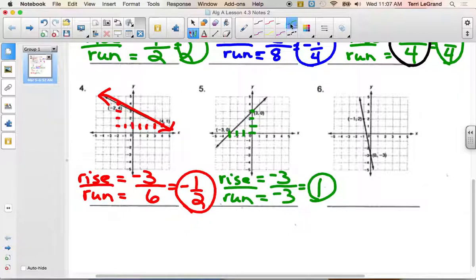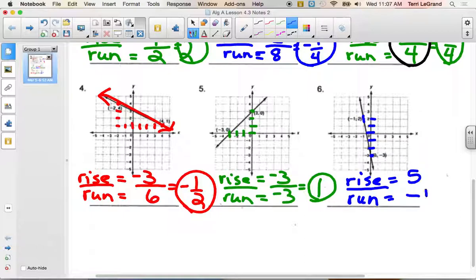Okay, what kind of slope should we expect for the next one? Negative. Okay, so let's be different. Let's go from the bottom point this time. So the rise: up 1, 2, 3, 4, 5. And we went up, so positive 5. The run: we have to go from where we stopped, we move over just 1, don't we?